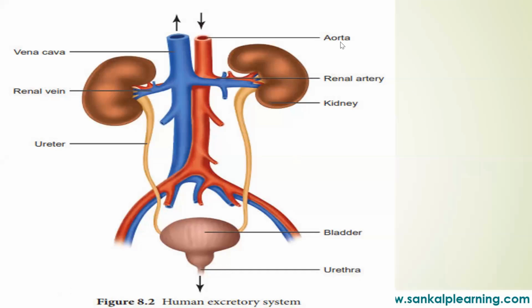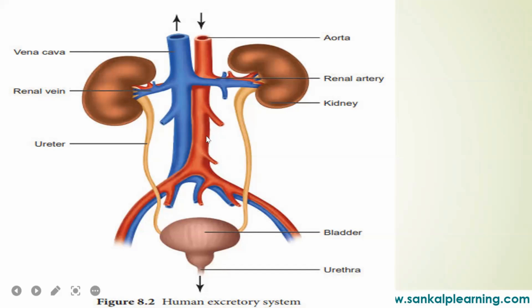Now, as you can see, this is the diagram of an excretory system. The vena cava and the blood vessels bring blood, through the renal artery, to the kidneys. This blue color is the renal vein, which sends the blood back after the reabsorption of water and important minerals takes place, so the blood is sent to the body through the veins.